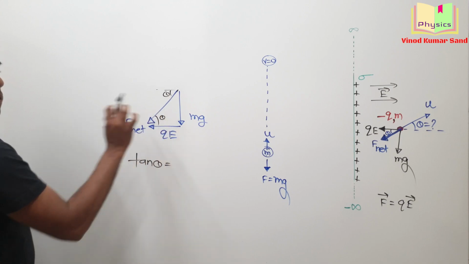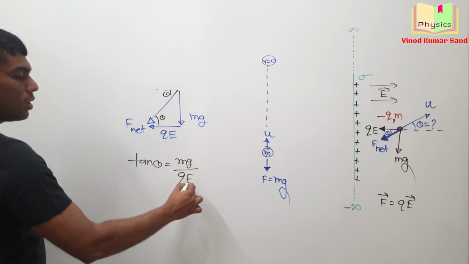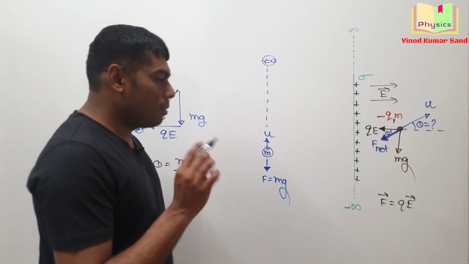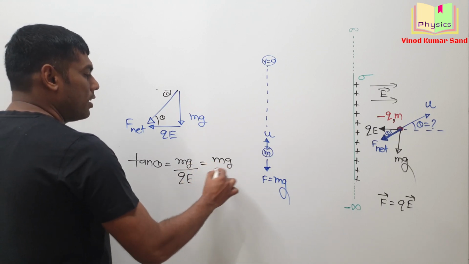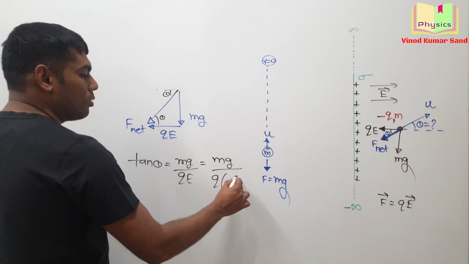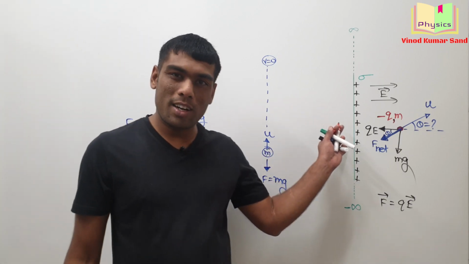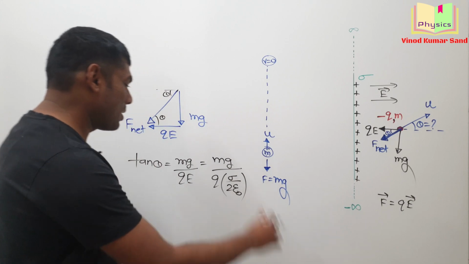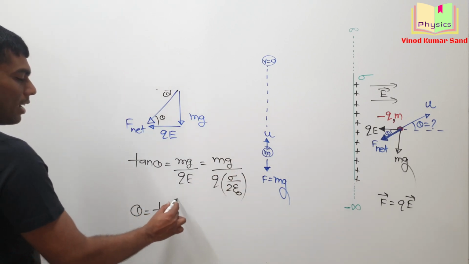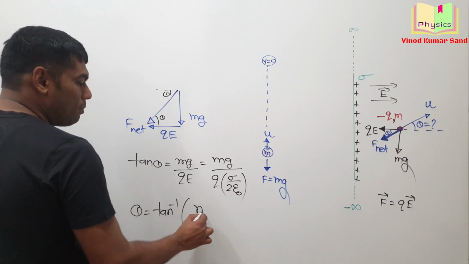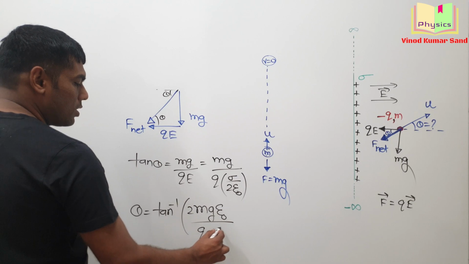So what will be tan theta? It will be equal to mg by QE, and we know the magnitude of the electric field. This electric field is having the magnitude sigma by 2 epsilon naught, because it is a non-conducting sheet. I hope you remember that expression. So the theta will be equal to what? Tan inverse of mg 2 epsilon naught by q sigma.